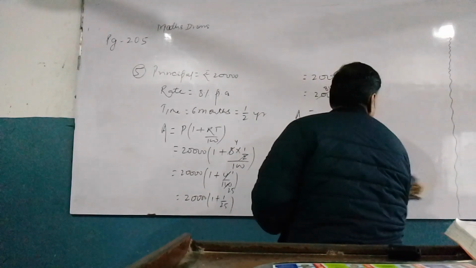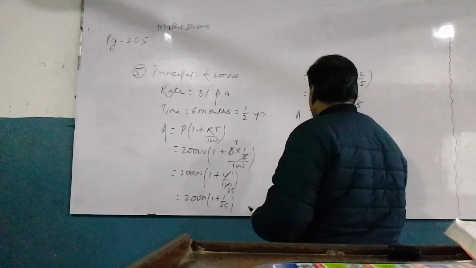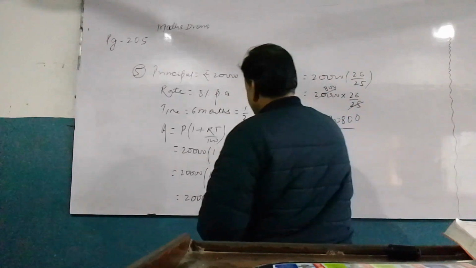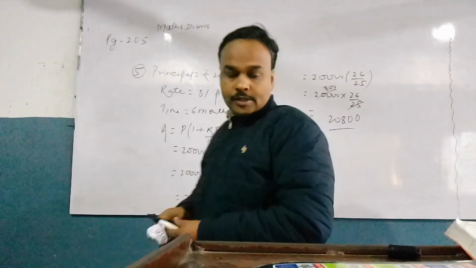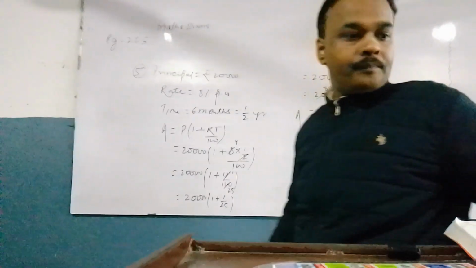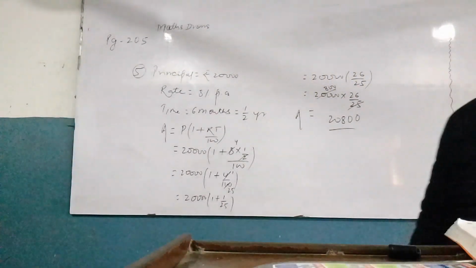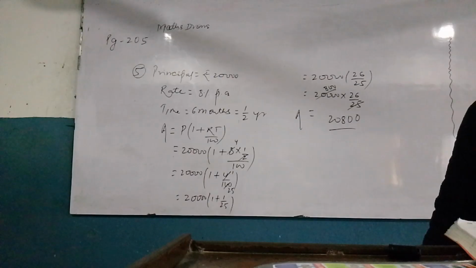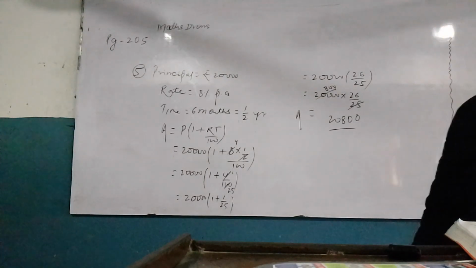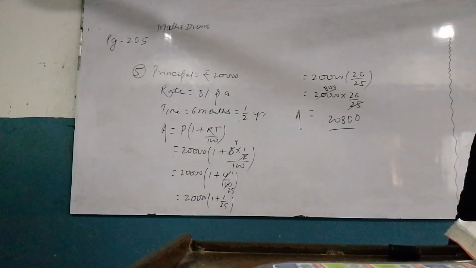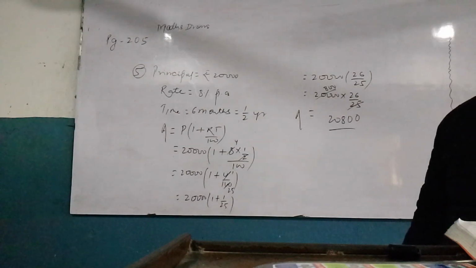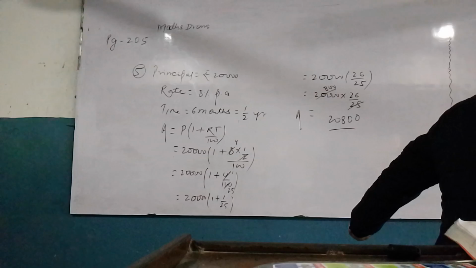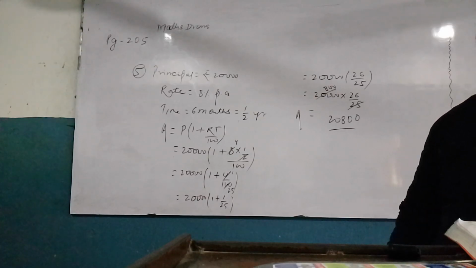Now come to true false. See the questions of true false. When an improper fraction is converted into percentage, then the answer can also be less than 100. Is it true or false?